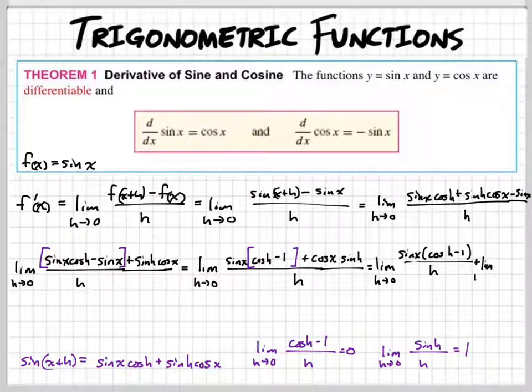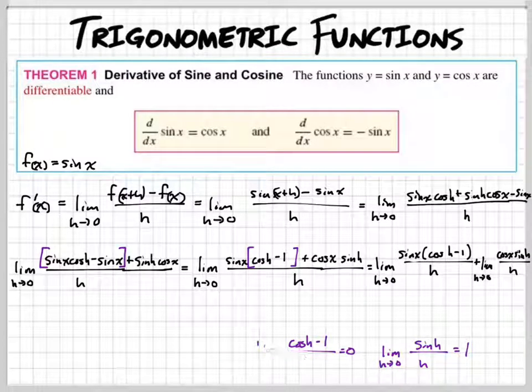The limit as h approaches 0 of the other one. So this is cosine x sine h over h. So we have two limits right here. This guy right here, this guy right here. I'm going to erase the bottom so I have room to finish this one up.